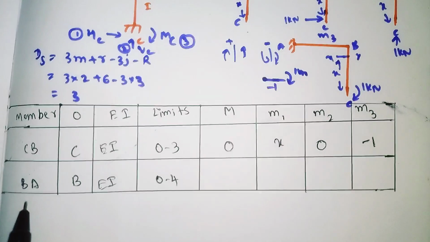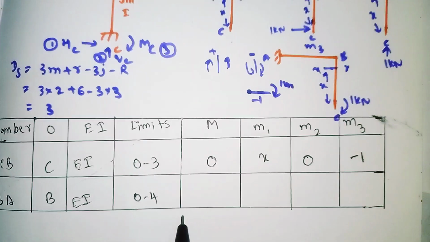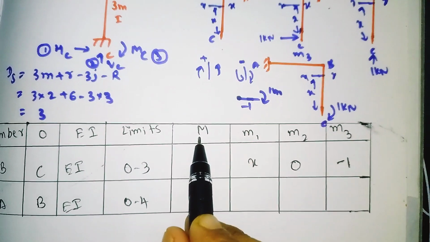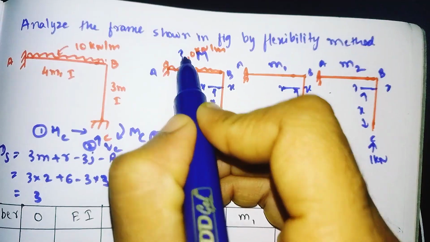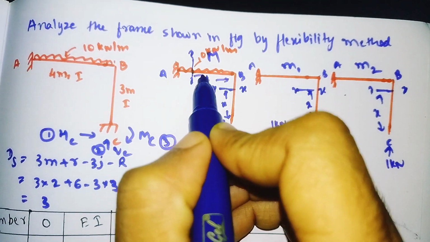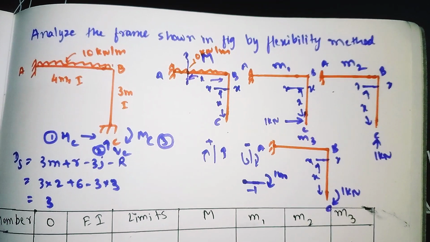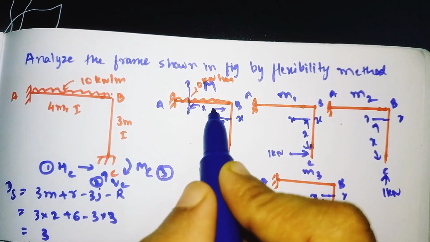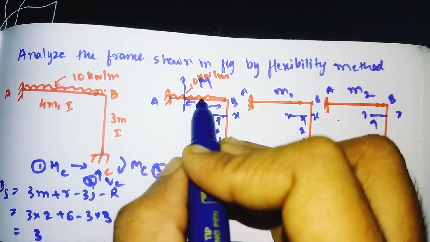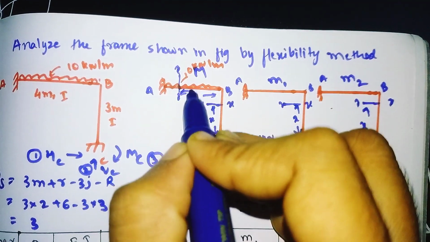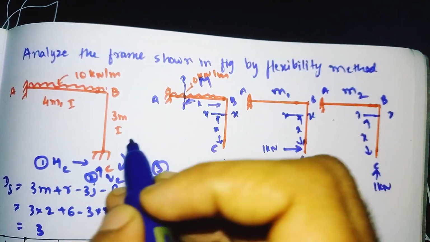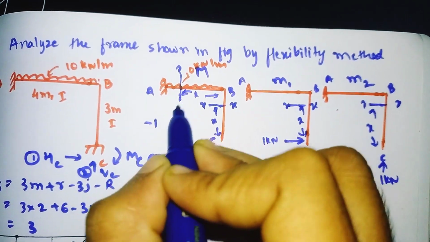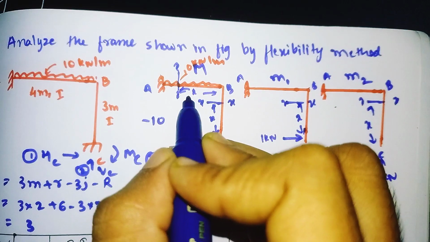Similarly for BA, we have taken the origin B, and for M we need to see, if we cut the section x-axis far away from the origin B at a distance of x, our M becomes... here UDL is acting. If you convert UDL to a point load, it acts downward like this. Downward means we need to take the negative. So minus into UDL, which has the load of 10 kilonewton, at a distance of x.